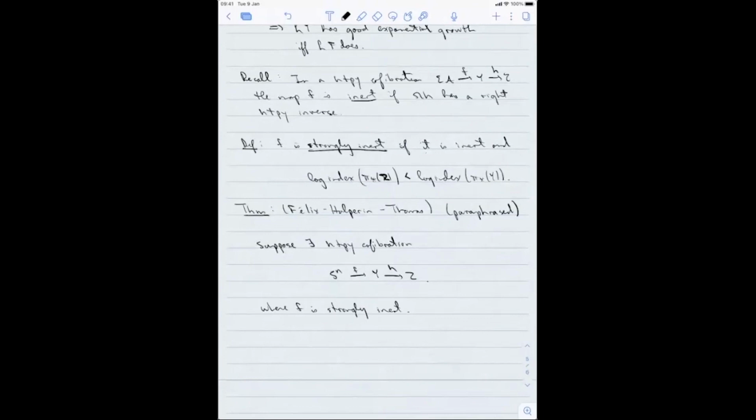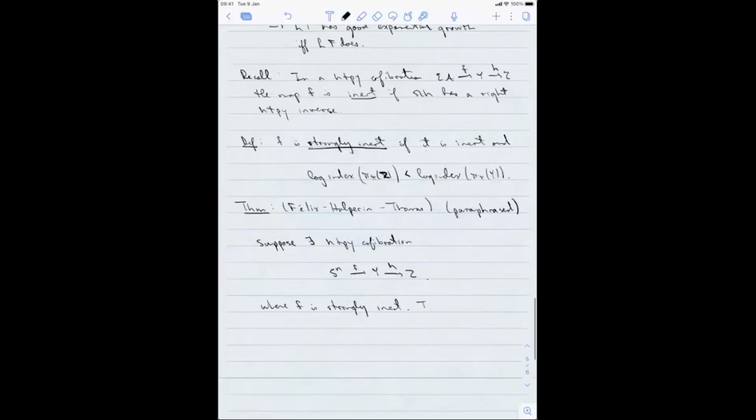It's just that loop H has a right homotopy inverse, and you have this comparison of log indices for the rational homotopy groups of Z and Y. And the conclusion is that the free loop space of Y has homology, rational homology, with good exponential growth.